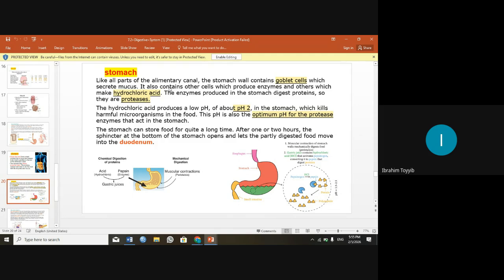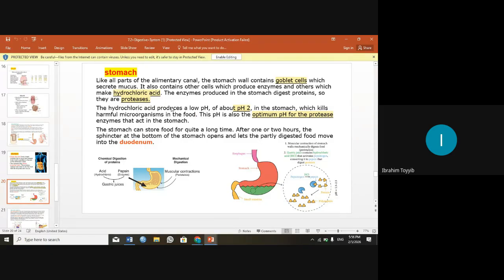The stomach contains enzymes. It contains cells which produce enzymes and others which make hydrochloric acid. The enzymes produced in the stomach digest proteins, so they are proteases. So pepsin is in the stomach, and protease is produced in the pancreas and goes to the duodenum.